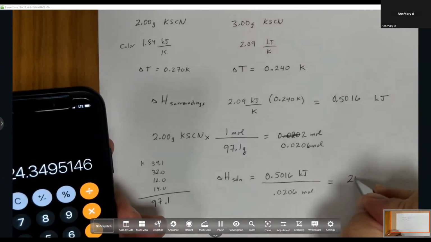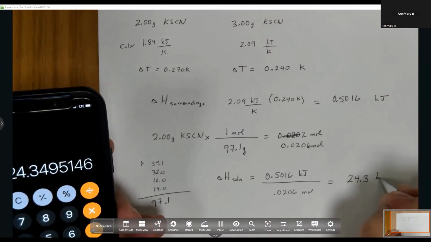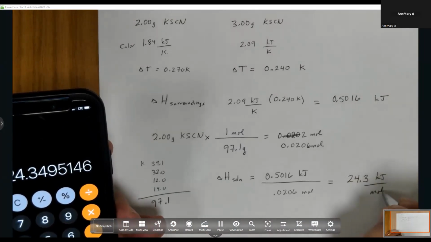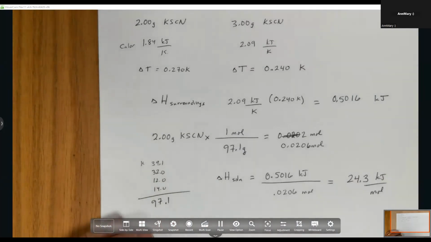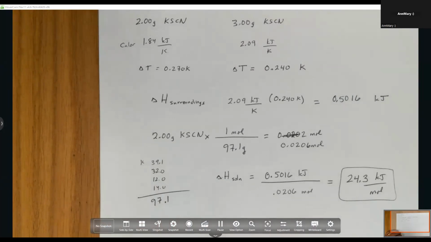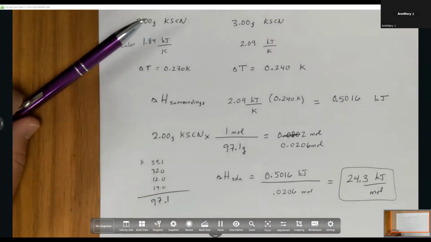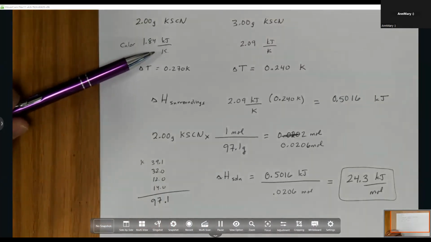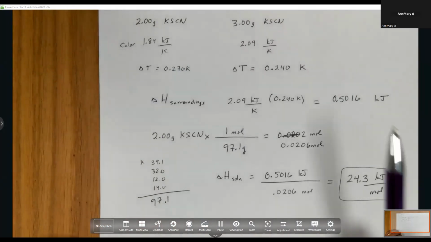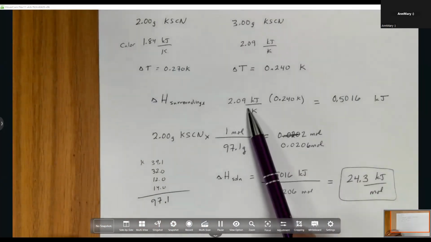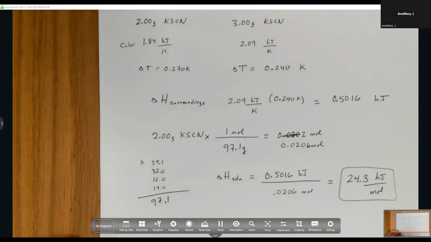It looks like 24.3 kilojoules per mole. This was a little more complicated. You had to take your calorimeter to figure out your surroundings by multiplying it times the change in temperature. Then you had to change grams to moles, and then take your kilojoules divided by your moles.